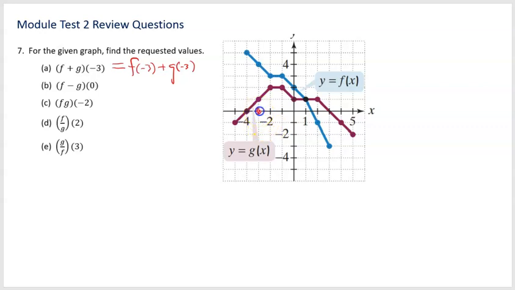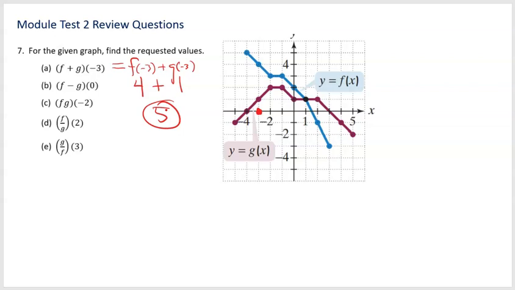Here is negative 3 on the x-axis. Now, F of negative 3 means I need to go to the F function, which is the blue one. And so I go up and meet the blue graph, and my answer is 4. So F of negative 3 is 4. Plus, now G of negative 3, I need to go to the maroon function, and I go up there, and that y value is 1. And then 4 plus 1 gives me 5. So F of negative 3 plus G of negative 3 is 5.